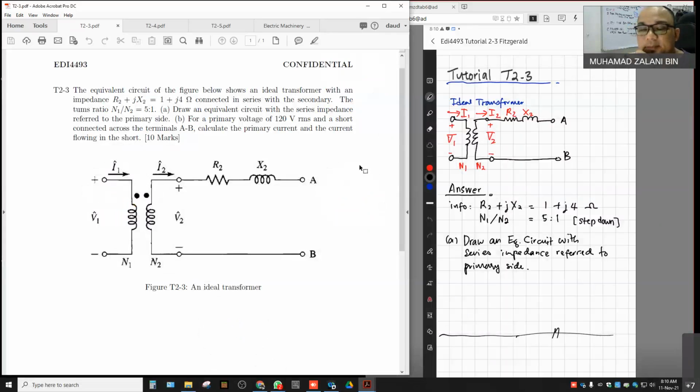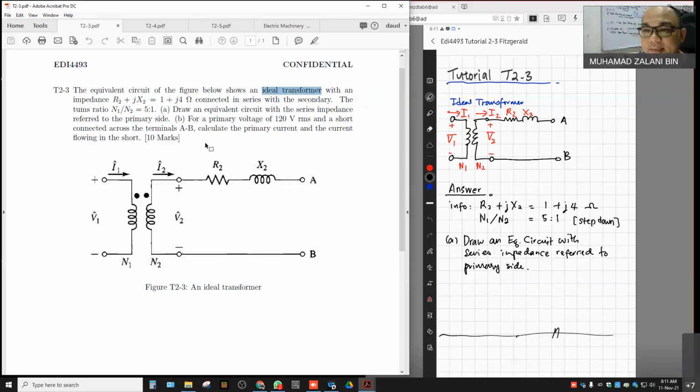Let me read the questions first. The equivalent circuit of the figure below shows an ideal transformer. As you can see, primary side and secondary side of the transformer, where clearly in the secondary side you can also see the leakage impedances R2 and X2.